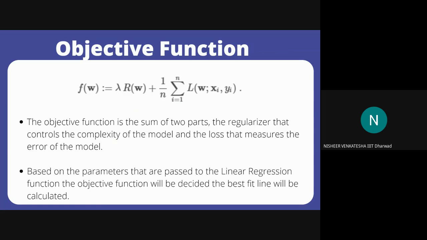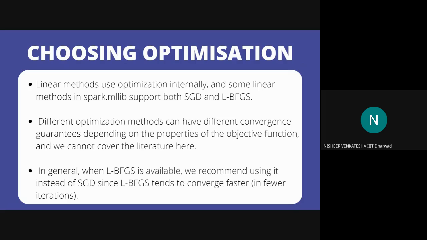When we use squared loss, the regularizer will be chosen as none, and we pass this as a parameter to the linear regression function along with the independent variable. Then the objective function will be calculated, which will decide the best fit line. After calculating the objective function, we choose an optimization method internally.